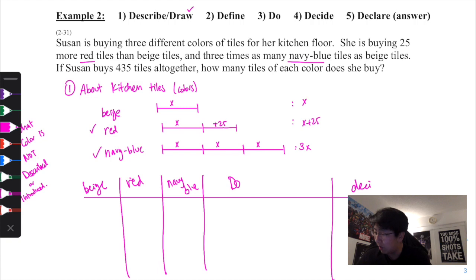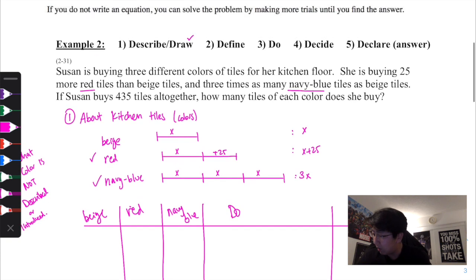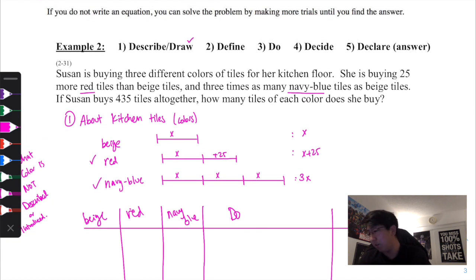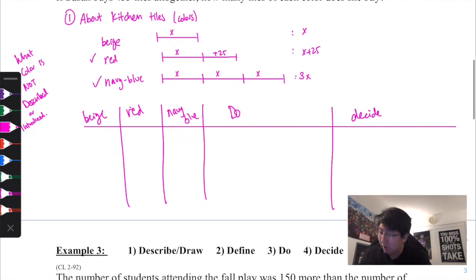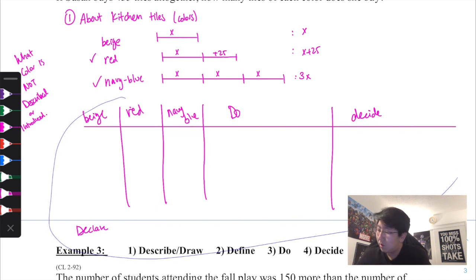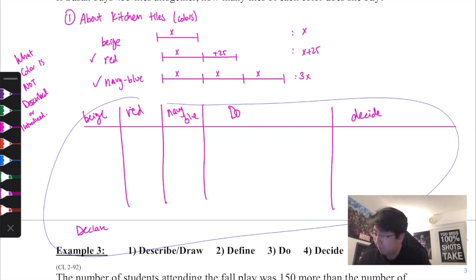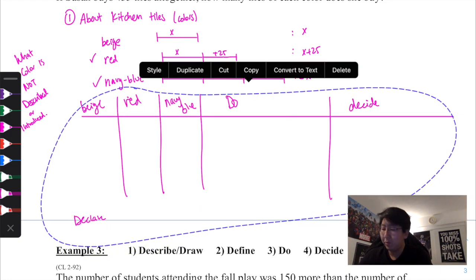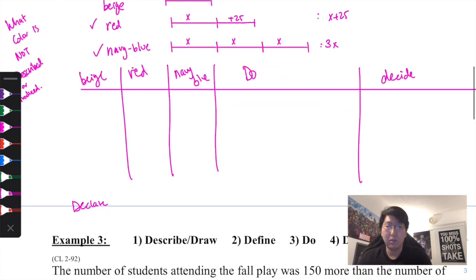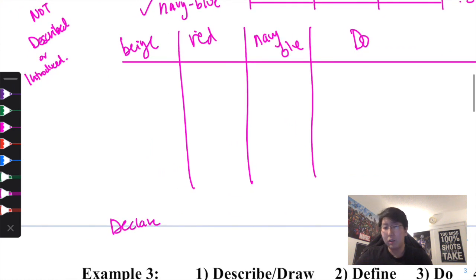Decide section. And the last one's going to be declare down here. I'm going to move all this up just a little bit. So beige. Let's take a guess. So let's do trial number 1.